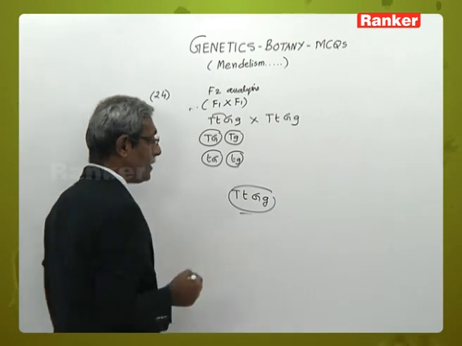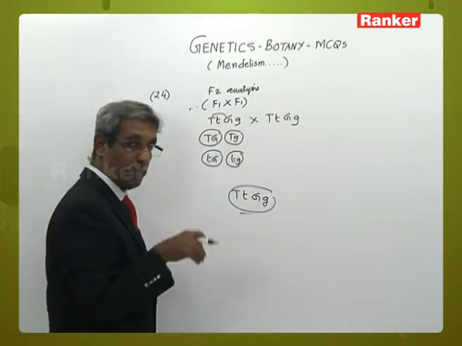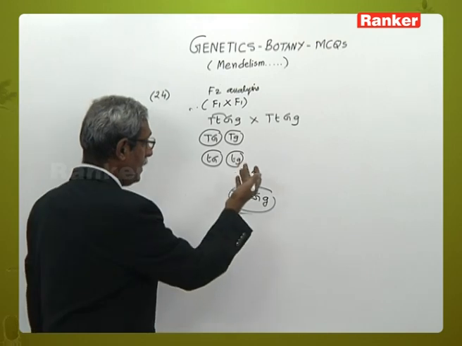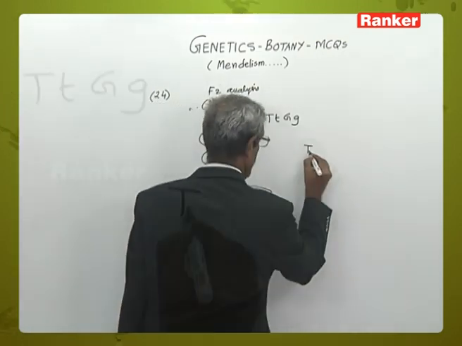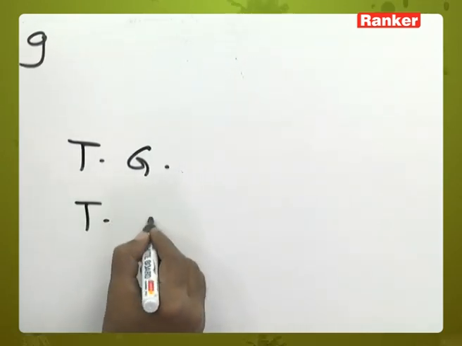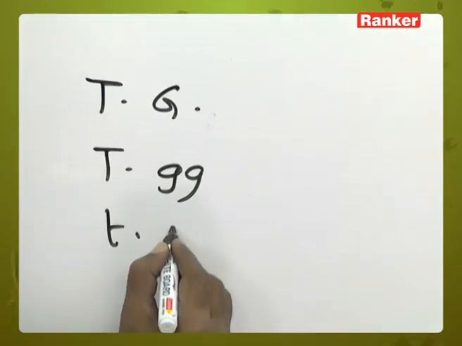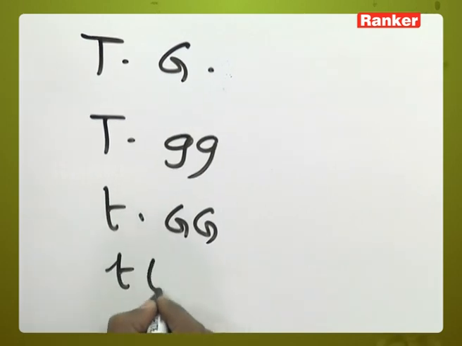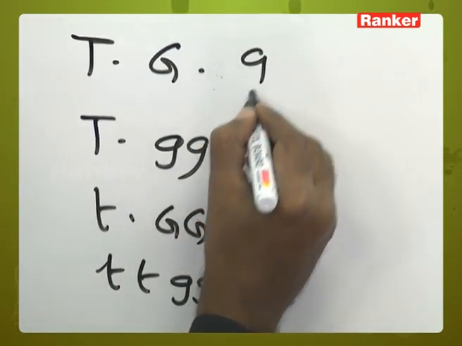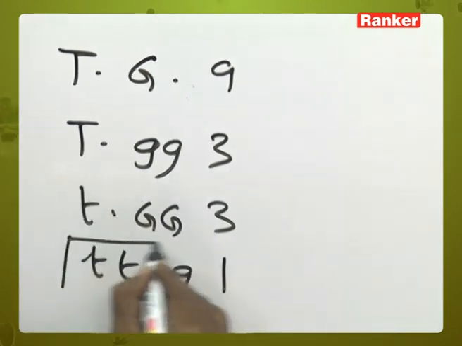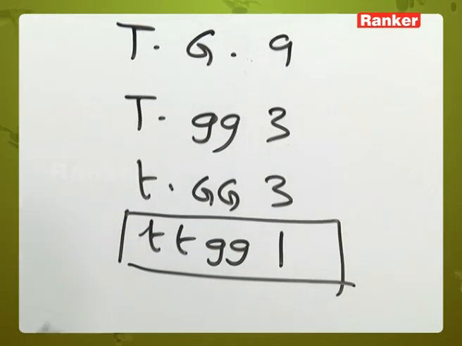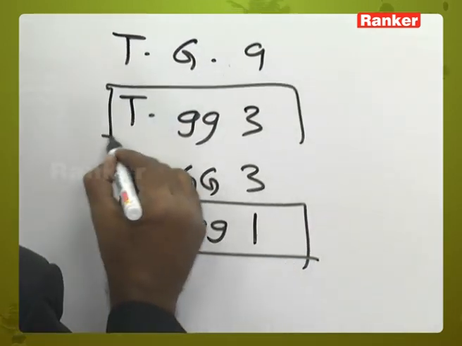So when you get 4 gametes on either side, short F2 among the 16 F2 is, you have, this indicates short, this again indicates short.